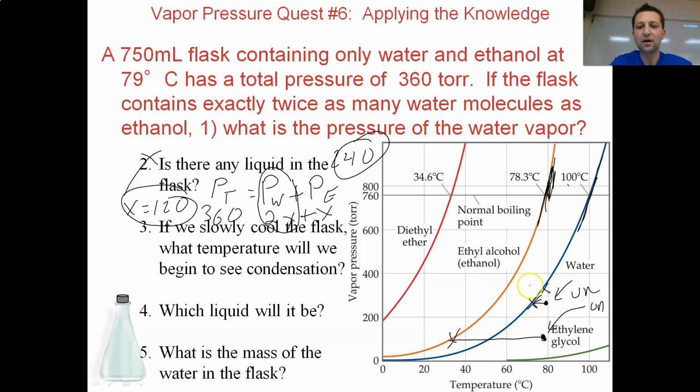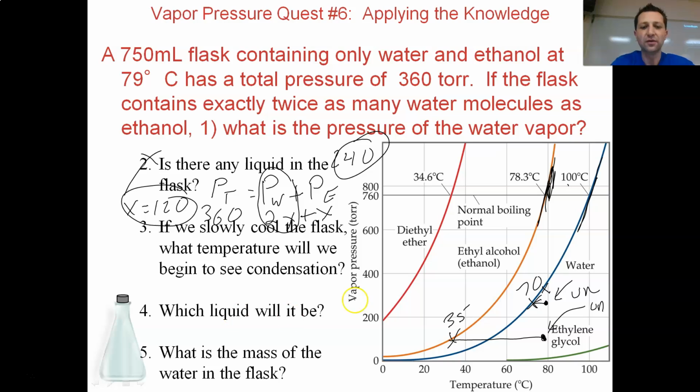Okay, so water right here will start to condense at around 70 Celsius. Ethanol is not going to condense until about, what's that, 35 Celsius? All right, so if we slowly cool the flask, at what temperature will we see condensation? We will begin to see it at around 70 Celsius because the water will start to condense.